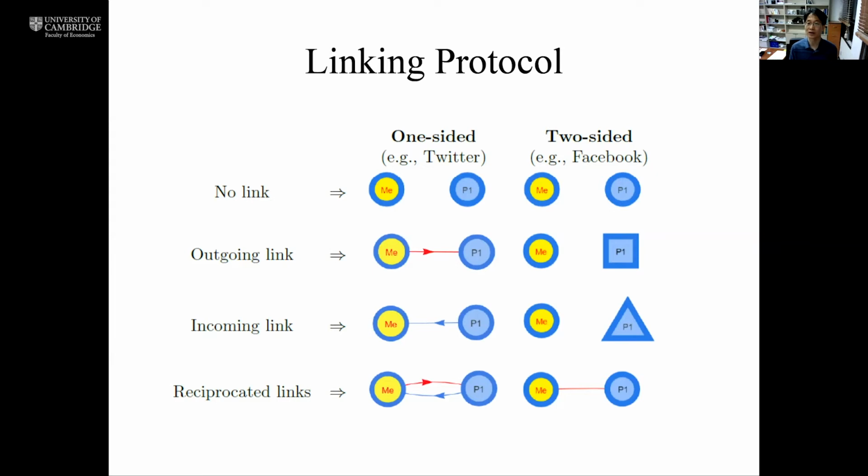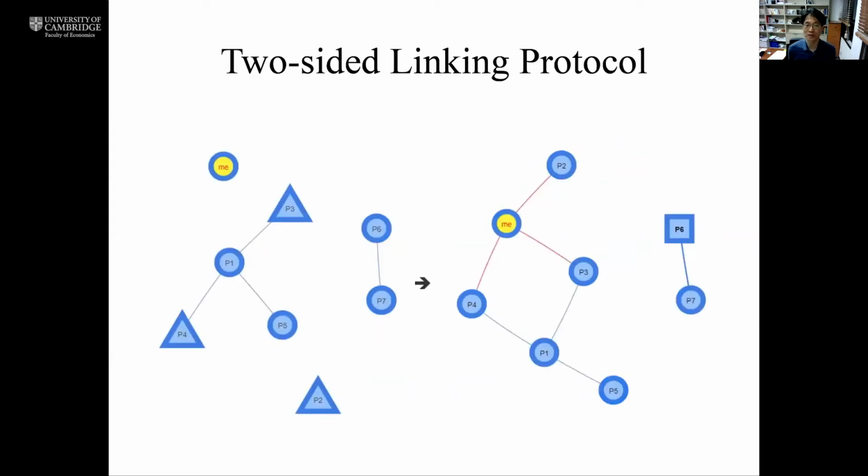Under the two-sided protocol, for example, if you look at the left-hand side of the screen, this is one moment of the game. This node with an arrow, me, is the you. At this time, you can observe that P3, P4 and P2 are triangle-shaped, which means that these players made a link proposal to me.